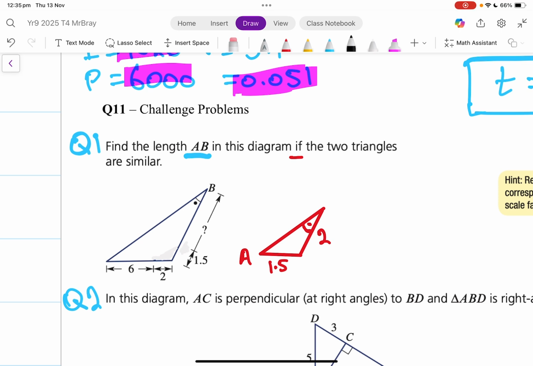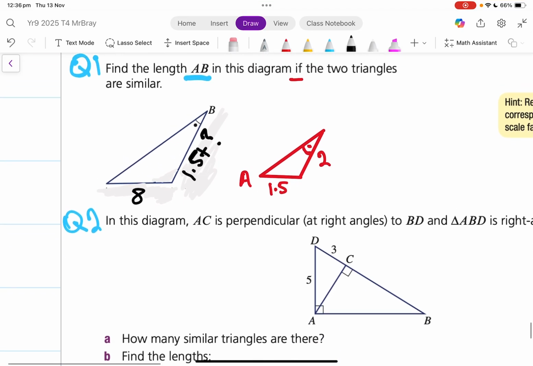Across the bottom, we've got 6 and then 2, so in total we would have 8 across the bottom. So I'm going to replace that with 8. And over here, we've got 1.5 and then an unknown amount, so I'm going to replace that with 1.5 plus the unknown amount that I'm solving for.